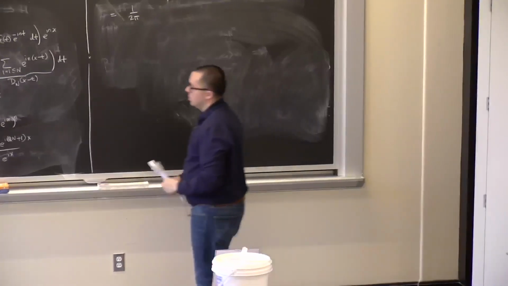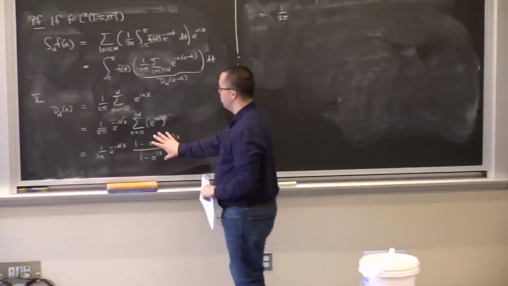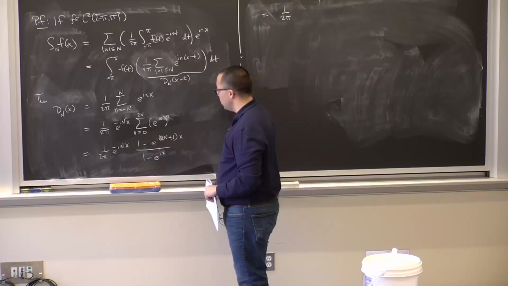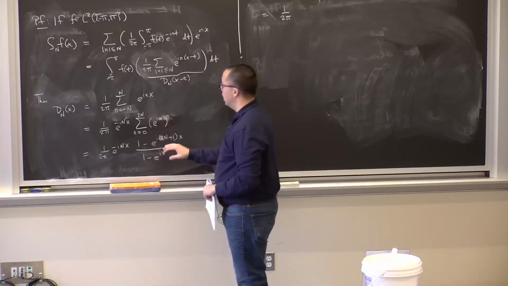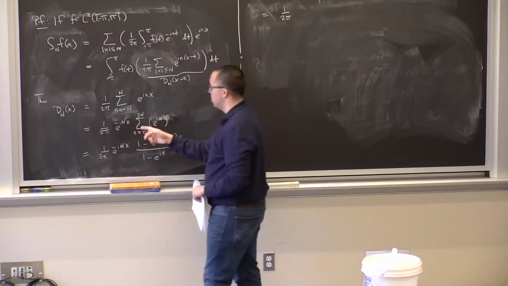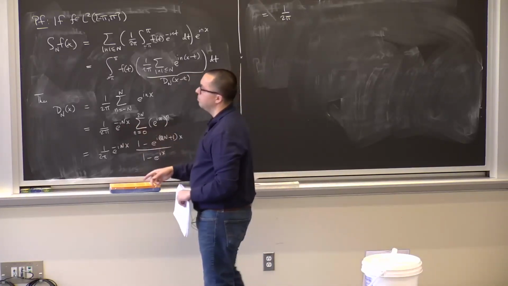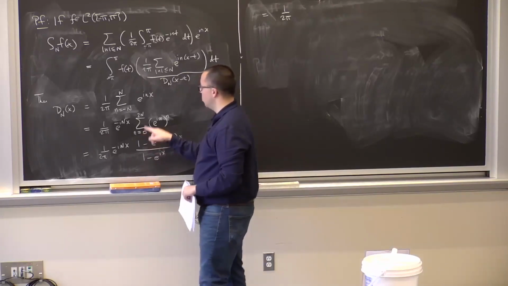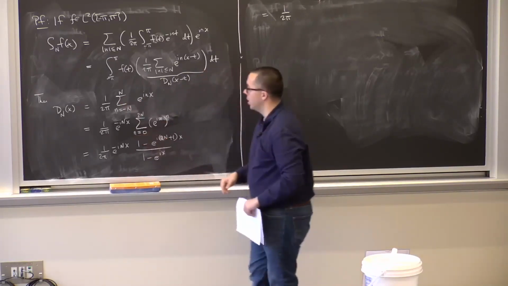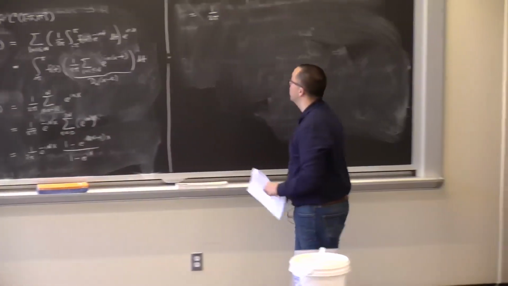So first off, this is valid only when x is not equal to 0, right? When x equals 0, I just get 1 here, right? And I get 1 here. And then I get the sum from 0 to 2N, which is equal to 2N plus 1. That's why I get what I get when x equals 0. So this is valid for x not equal to 0.